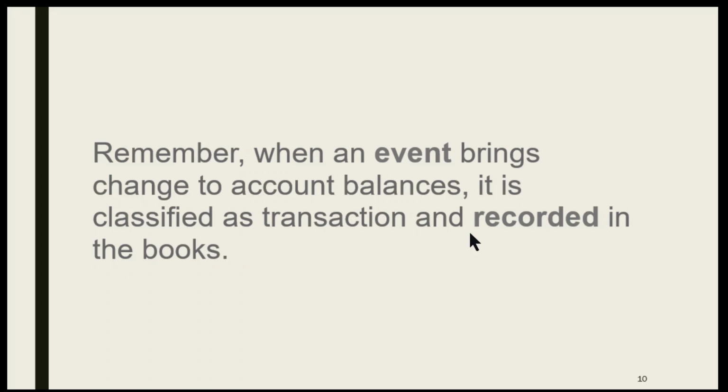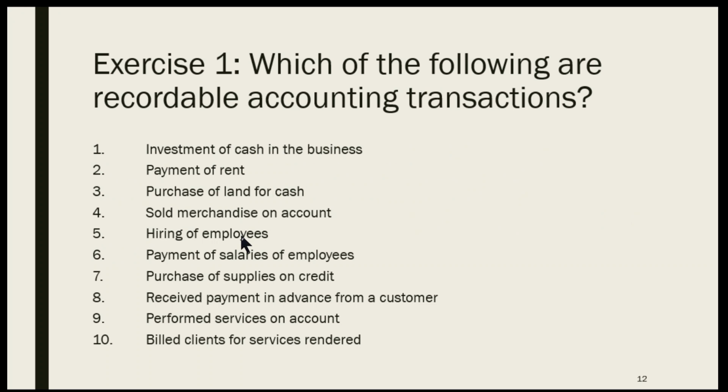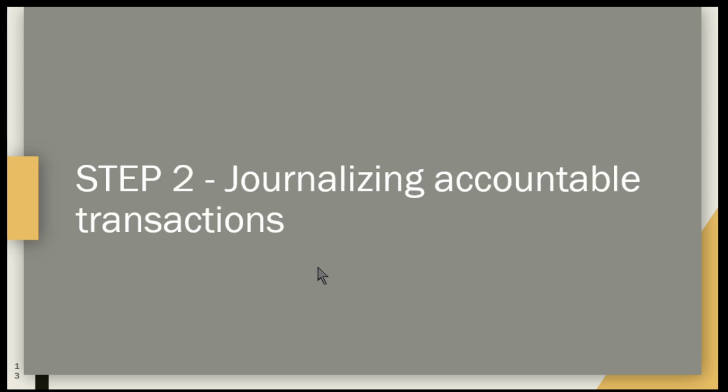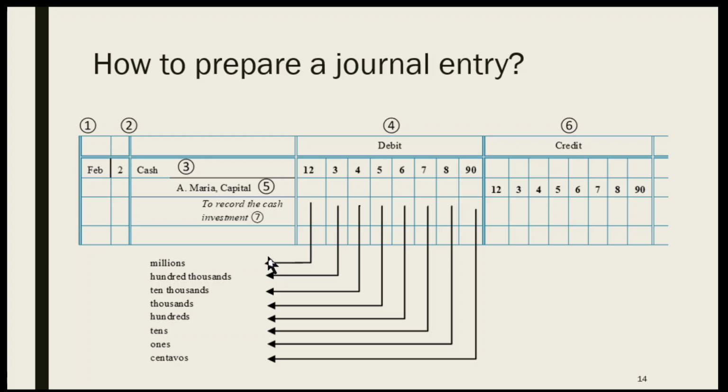This recording step is what we do in step number 2, journalizing accountable transactions. The items that we journalize are only those which qualify as accountable or accounting transactions. So how do we prepare a journal entry? Of course, we need to do these steps.